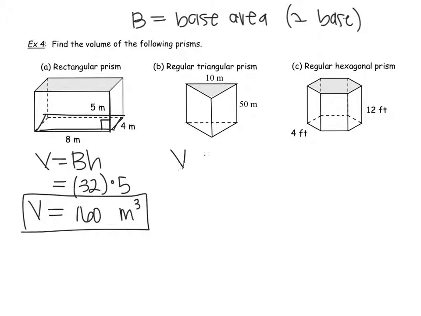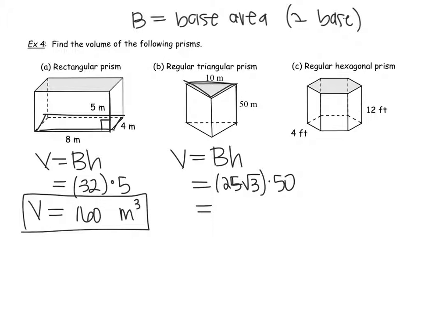Next we have our triangular prism. So the volume is the base area times the height. And the area of one of our triangular bases was the 25 square root 3 times our height, so our base triangle times our height, which is the 50.